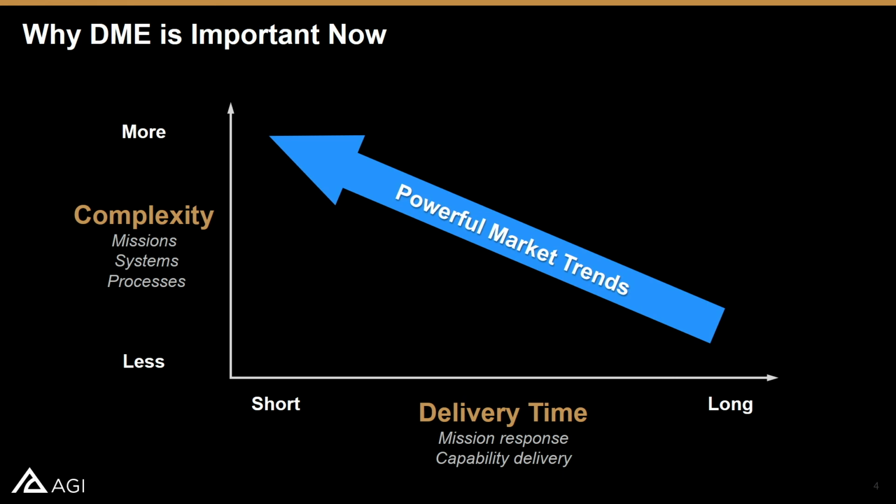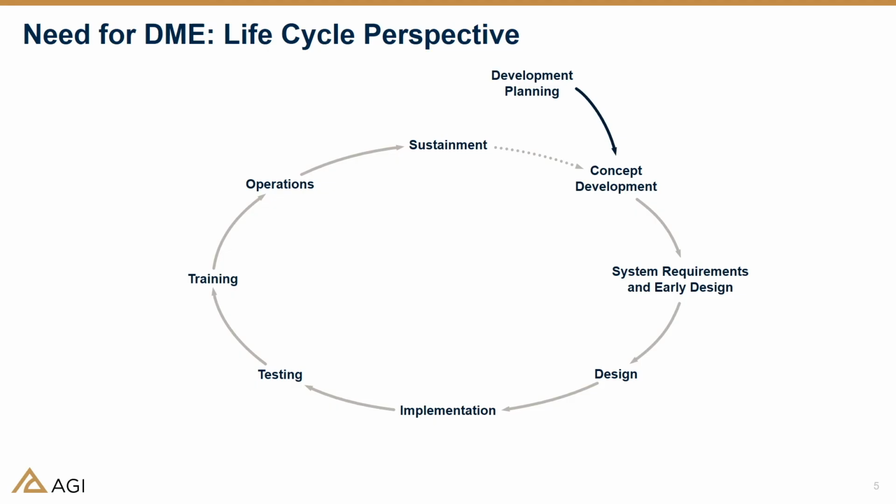So the fact that we have these two opposing factors competing with each other in an extreme way that we see today really mandates that we address a fundamental revolutionary change in the way that we do business. We can't tolerate incremental changes in the execution of the development of our systems any longer. And this is where digital mission engineering comes into play.